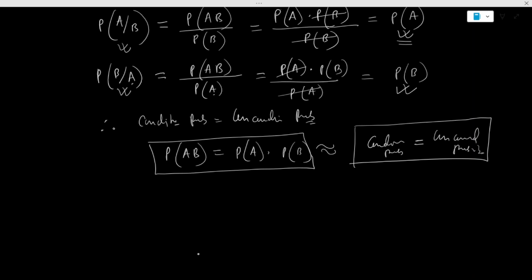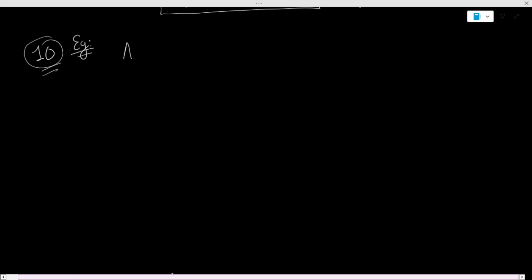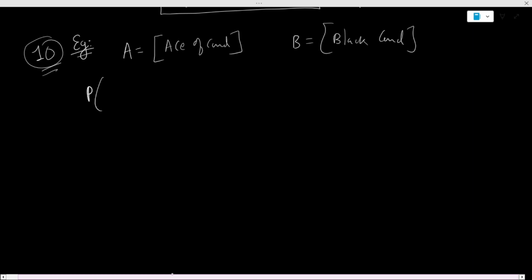Now let us see an example. Let us say event A represents the ace of a card, and event B represents the black card. Now we want to find the probability of getting an ace if we know that the card we have drawn is a black card.